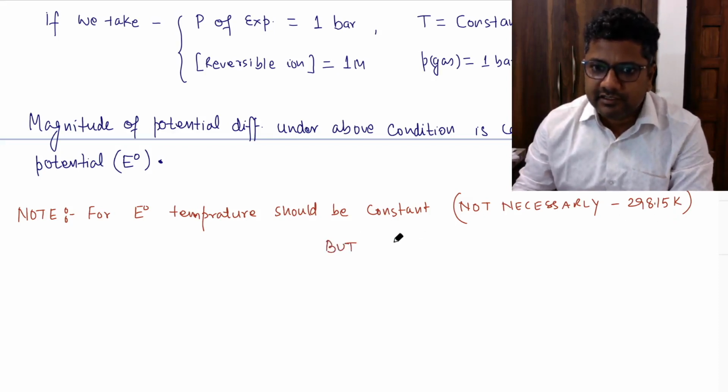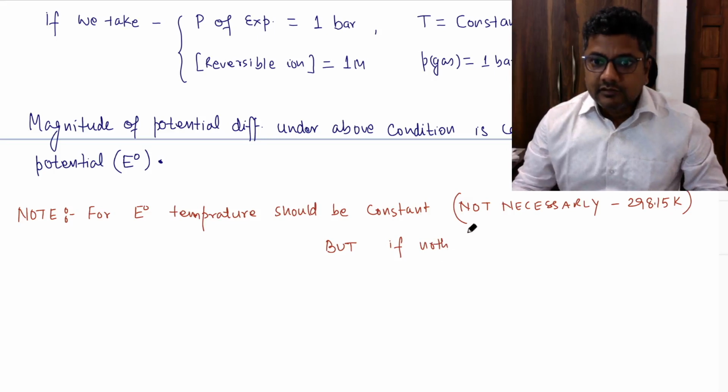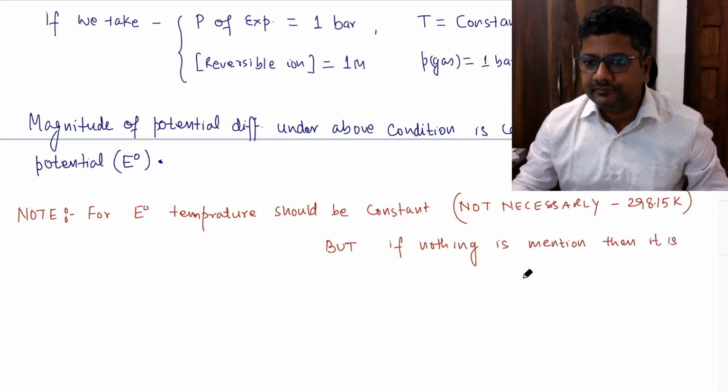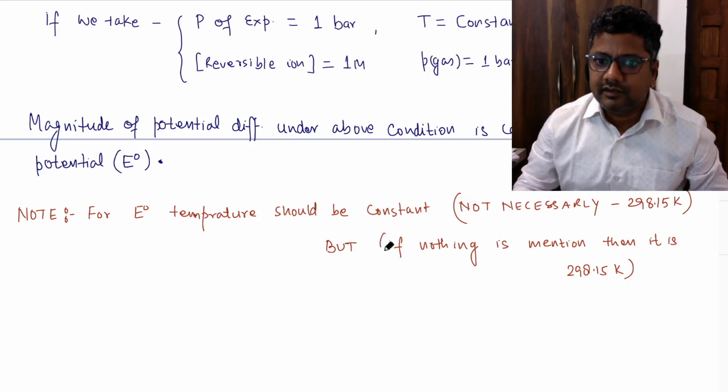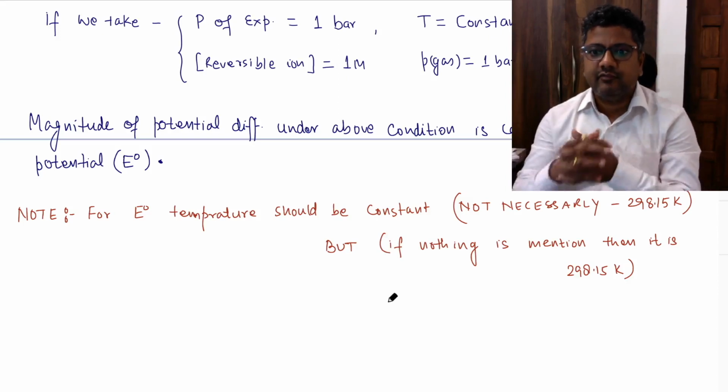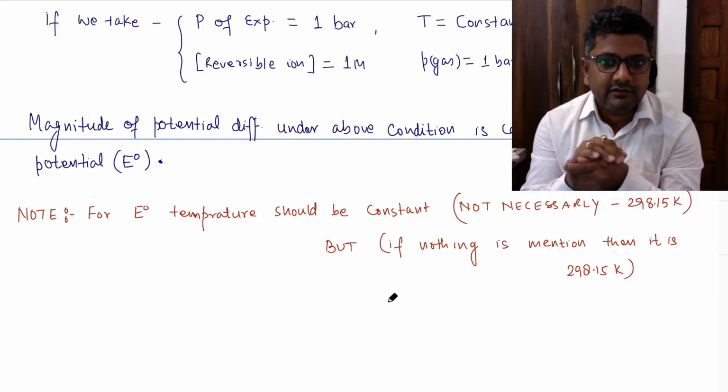Make it a clear note. But if nothing is mentioned, then it is 298.15 Kelvin. If nothing is mentioned, then it is 298.15 Kelvin. Okay.